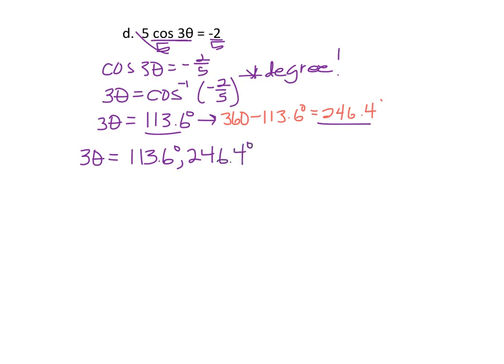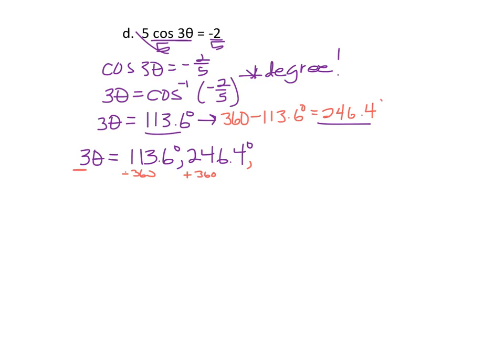Due to the fact that b equals 3, that's greater than 1, what we need to do is have 3 sets of values that are coterminal with the locations at 113.6 and 246.4. I'm going to add 360 to both of them. And that will give me a second set, and then we'll add 360 to those, and that will give us our third set.